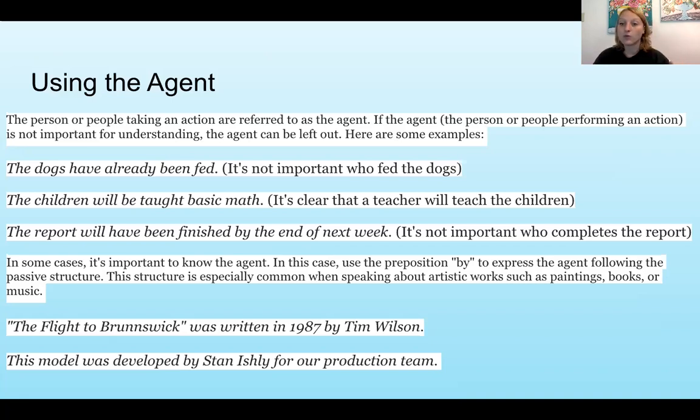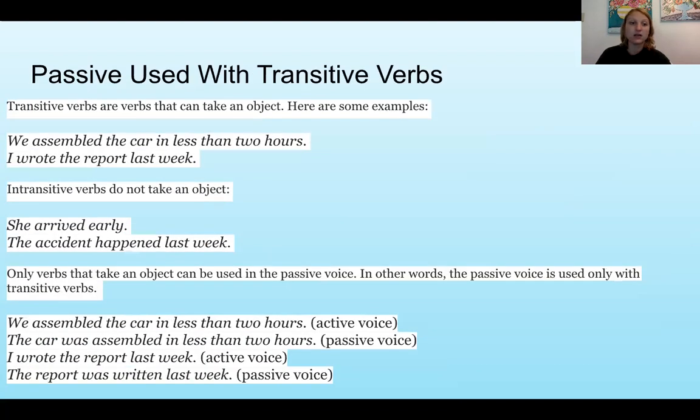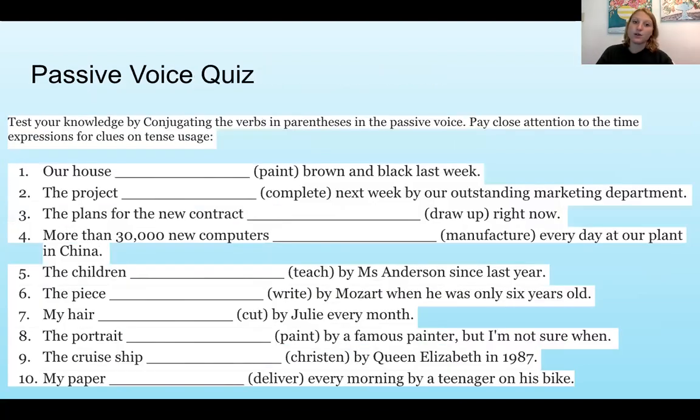Now, if we wanted to make this active, we would say Tim Wilson wrote The Flight to New Brunswick in 1987. Okay, but in this case, we don't need the agent because we want to make it passive. And say that you want to add the agent in, you use the preposition by. All right. We're not going to go over that.